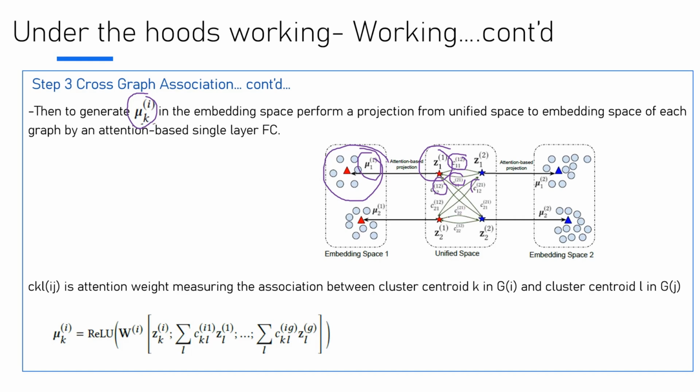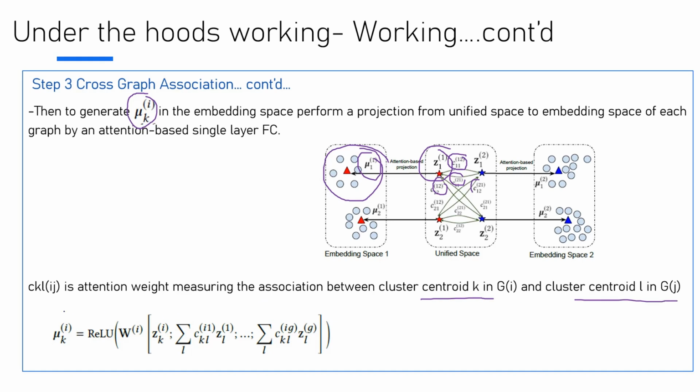Essentially, c_klij is an attention weight measuring the association between a cluster centroid k in G_i and a cluster centroid l in G_j.